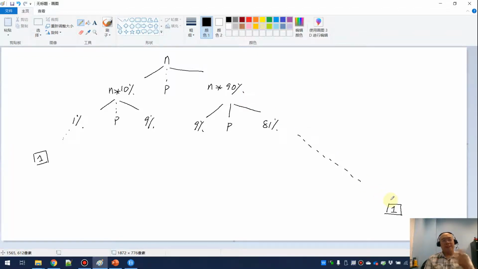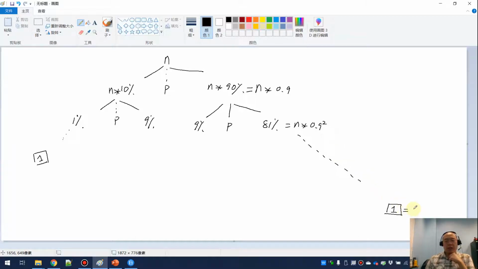Okay, let me ask you this question. We have 100%, or n, and then 90%. For this one, let me write down n multiplied by 0.9. And for this one, let me write it down as n multiplied by 0.9 squared. If you go down and down, what will this be?